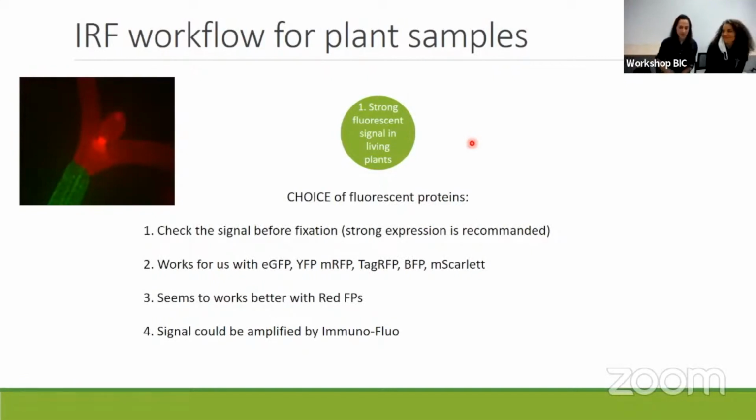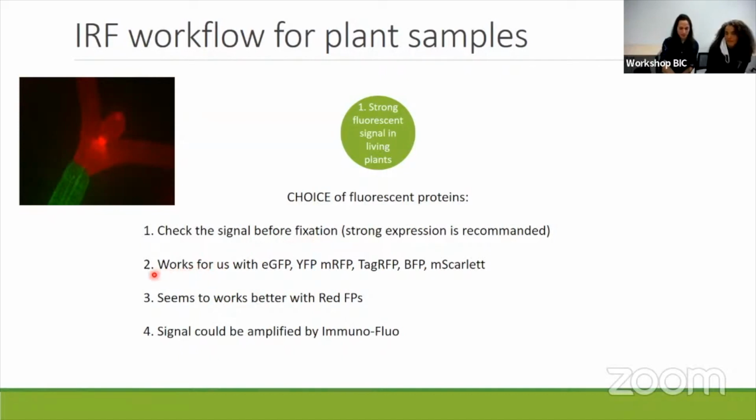So I recommend having a strong expression in your samples, either plant or whatever your sample is. It's difficult to give you an exact number, but you have to be able to observe your signal very easily with your microscope. So it's best to check your signal before the fixation, because as it's a long process, if you have nothing at first, then don't start.